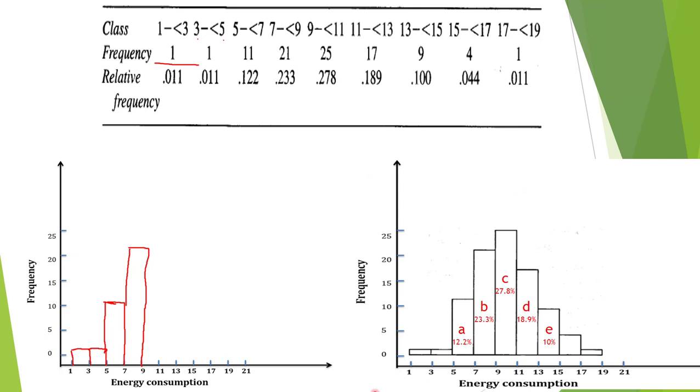By looking at your histogram, you can know which one is the class with most homes. It's very obvious. The class with most homes will be the interval C, between 9 and 11, and a bit fewer than this will be B, with energy consumption between 7 and 9.